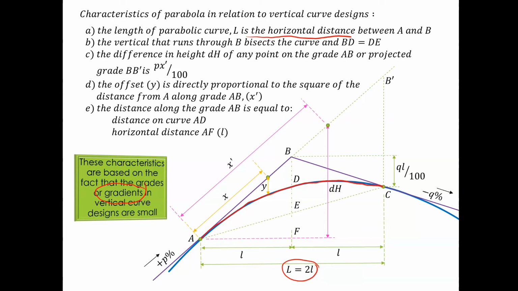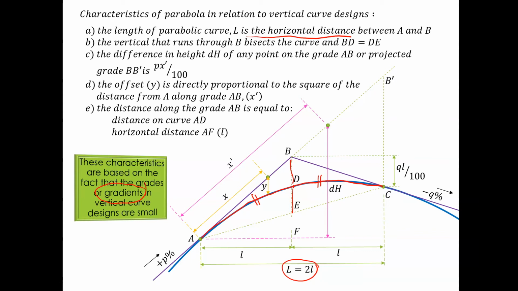Then second, it says the vertical that runs through B bisects the curve, and the distance BD is equal to DE. So this point here actually bisects the curve, so the length will be equal from there on.